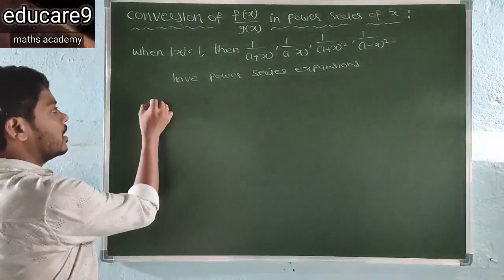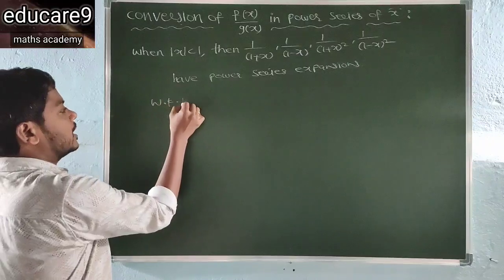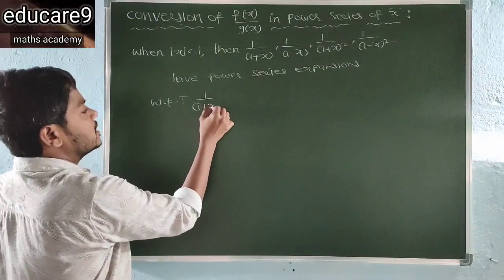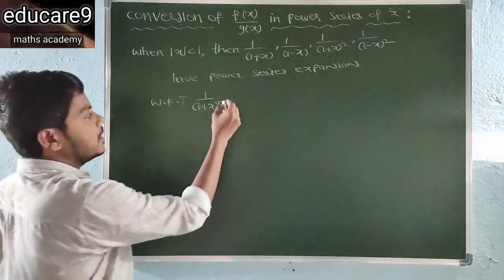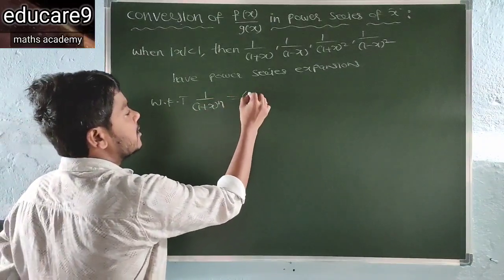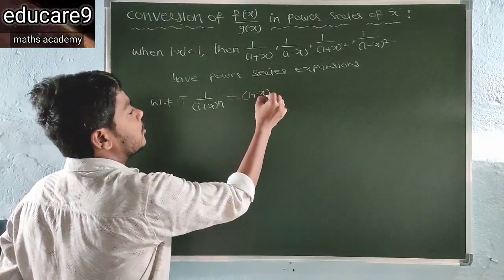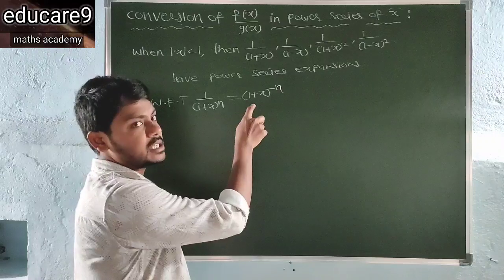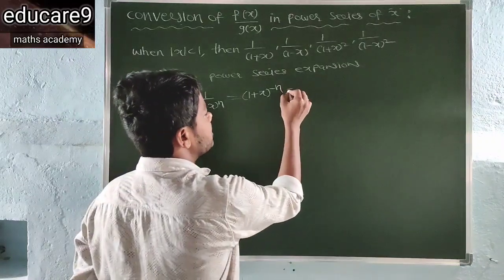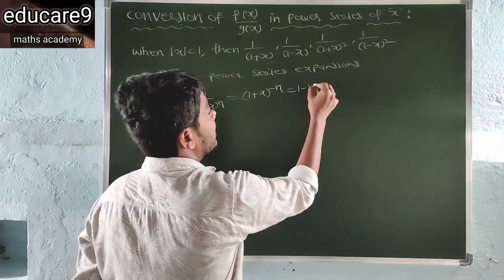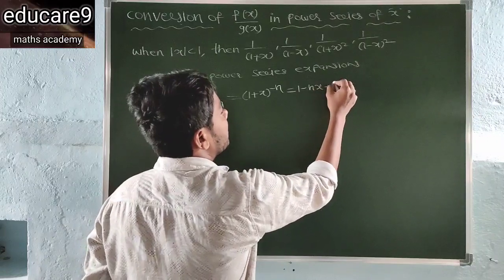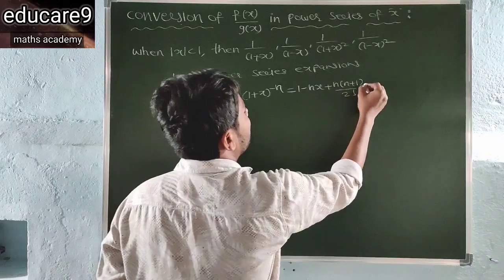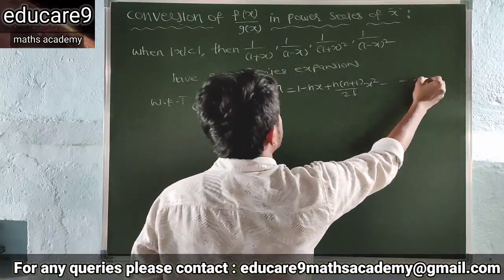Okay, so see here, we know the expansion of 1 by 1 plus x whole to the power of n, that is 1 plus x whole to the power of minus n. This expansion is 1 minus nx plus n into n plus 1 by 2 factorial into x square and so on.